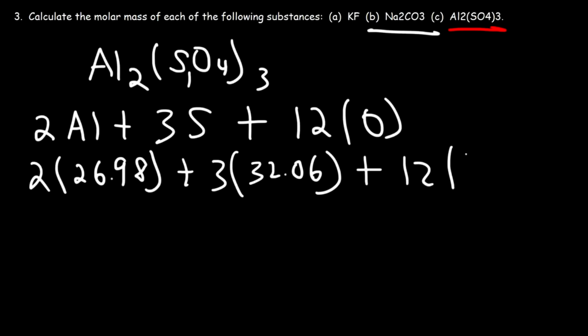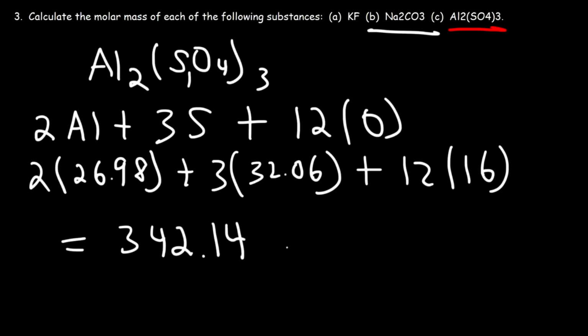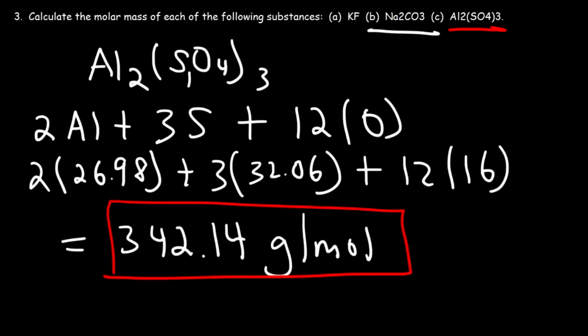And for oxygen, we know it's 16. So let's go ahead and plug these numbers in and see what answer we get. So I got 342.14 grams per mole. So that's the molar mass of aluminum sulfate.